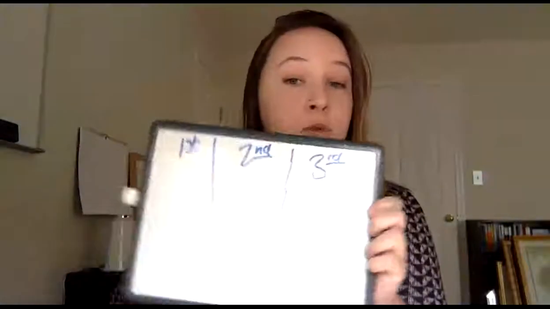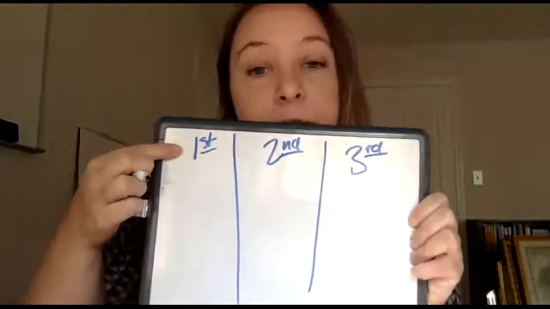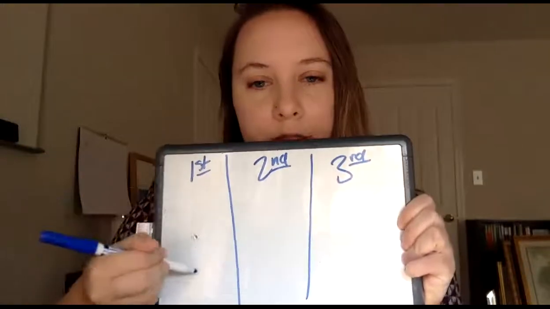So if you were going to your child's school and you wanted to get information specifically about what your child is going to learn, you go to the school and you see a board that has information about all the different grades. This is 1st grade and it has all of their information.